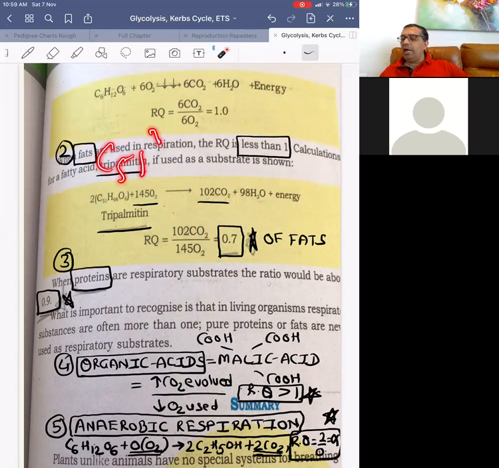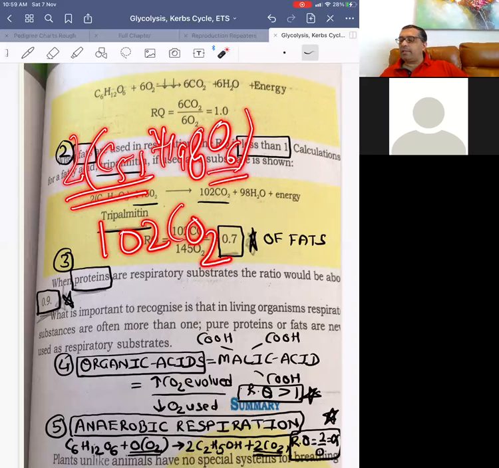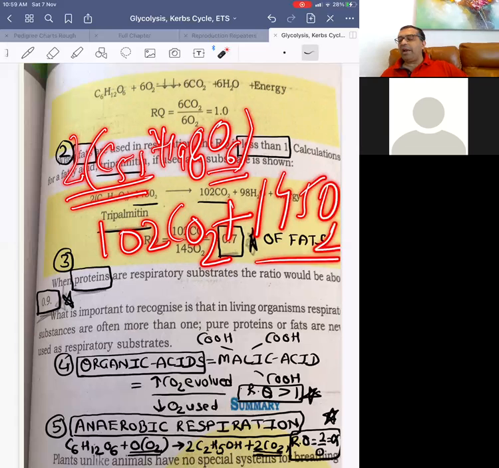So how many additional oxygens are required? 145 additional molecules of oxygen are required because the oxygen content was very low in fats.